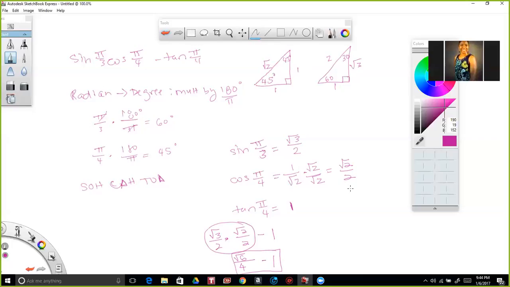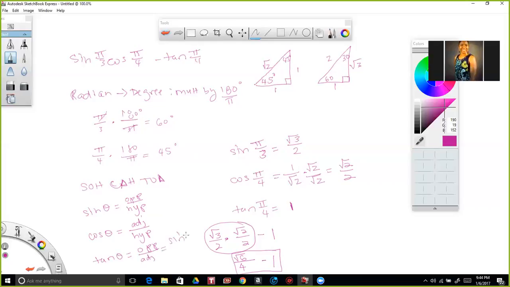Then it was a matter of knowing the trig identities. SOHCAHTOA helps us to do the trig identities. Again, remember, just in case: sine of theta is opposite over hypotenuse, cosine of theta is adjacent over hypotenuse, and tangent of theta is opposite over adjacent.